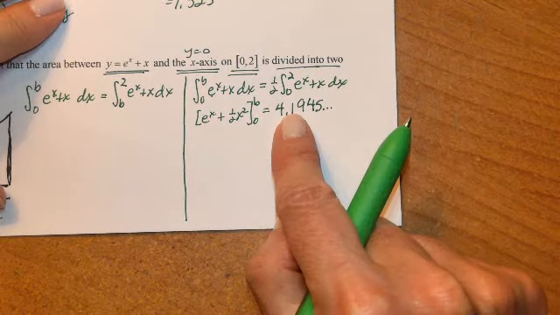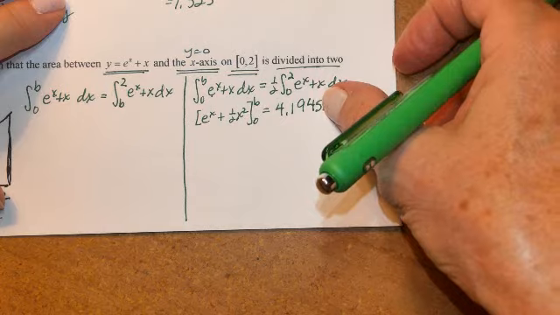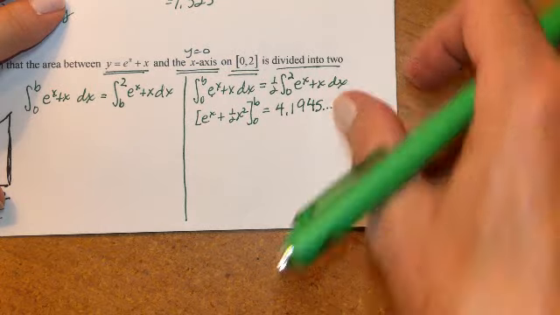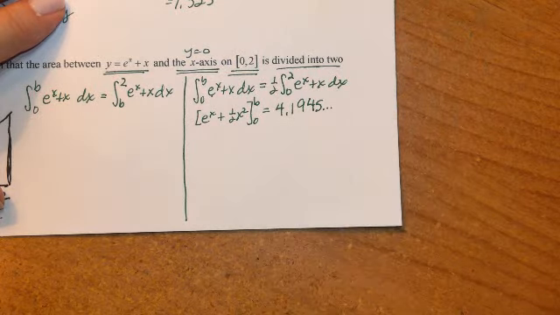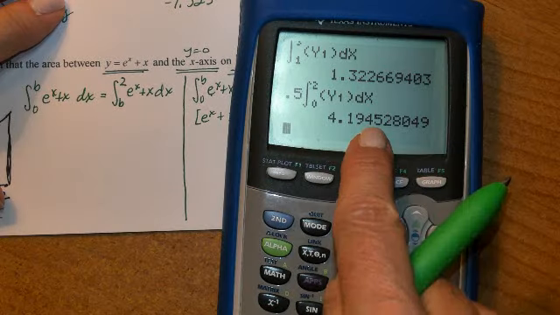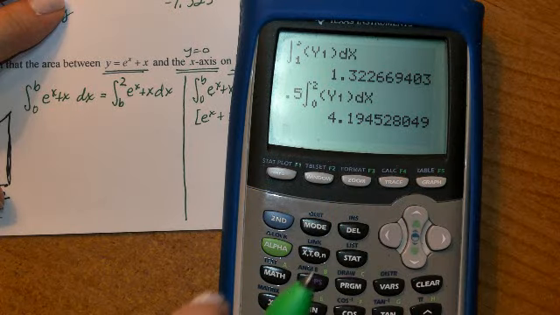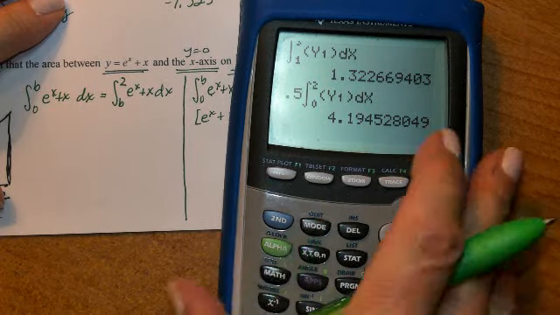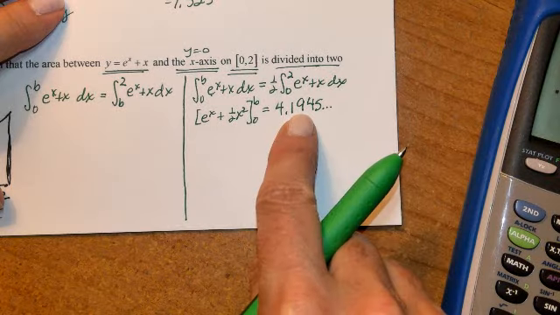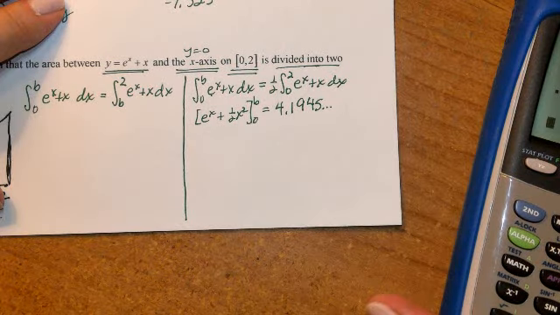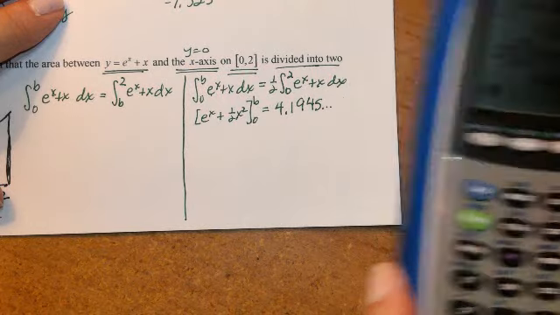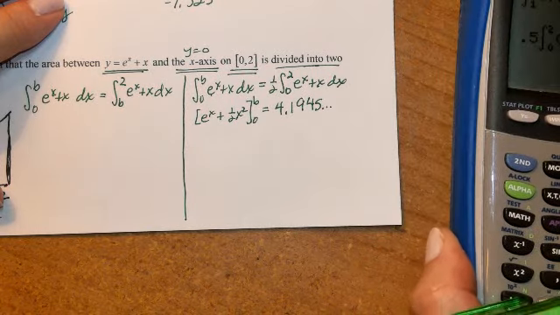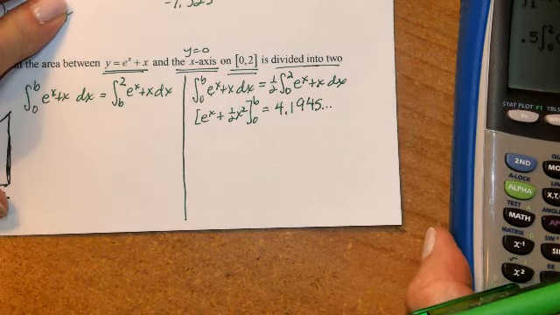Now I will tell you this. What you write on the paper can be rounded. It can be rounded to 3 decimal places. But since this is not our final answer, keep your entire answer here in your calculator. Use this in your calculations. You can write the rounded one here, but use your full decimal in your calculations, because your final answer has to be correct to 3 decimal places.